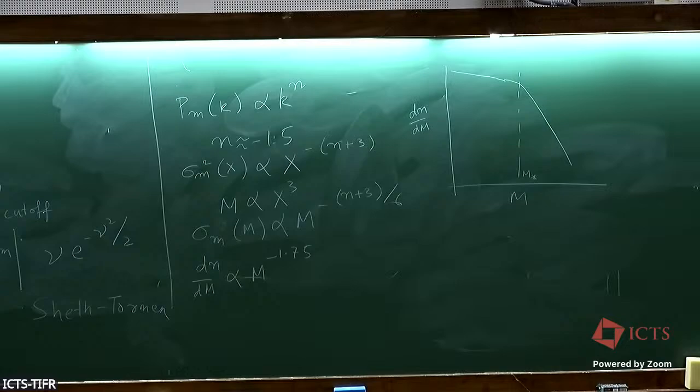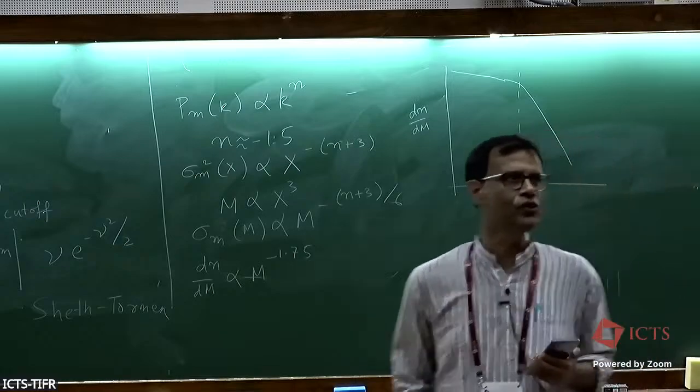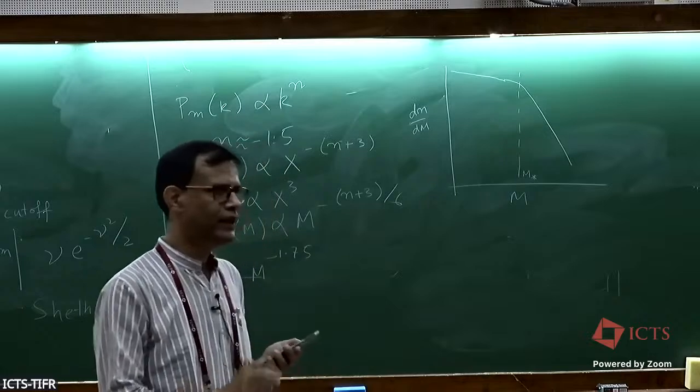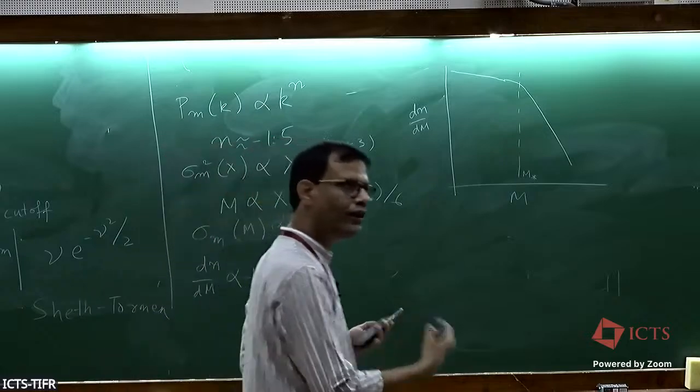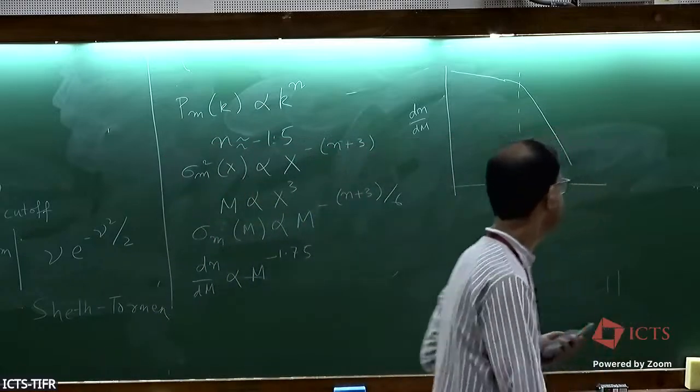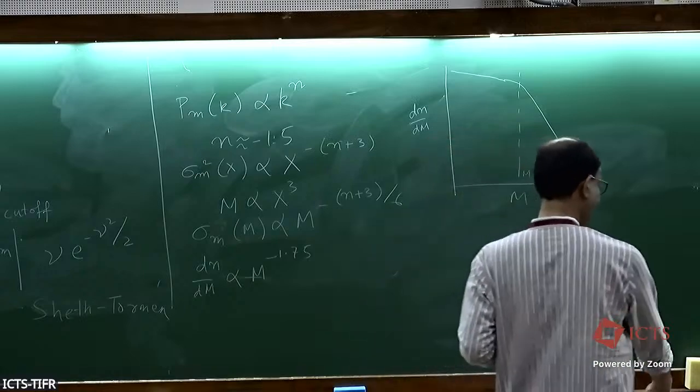Let me quickly give you the idea. Now you can ask about this factor of half; we just put it in by hand. Is there a better way of solving this problem? And indeed there is, and that was solved by various people in the 90s, Dick Bond, George Efstathiou, and many other people. What they did was very interesting.